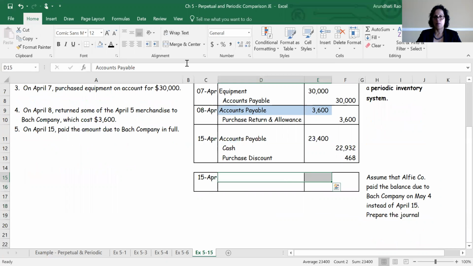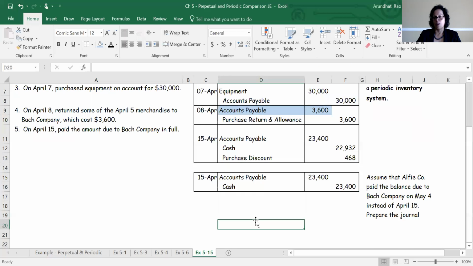So accounts payable debit 23,400, and the full amount was paid. So this is easy. Cash credit 23,400. This is similar to what you had done in the perpetual system. If the full amount is paid, we don't need to worry about the discount amount at all. Well, we do need to worry about it in that we lost out on the discount. But as far as the journal entry is concerned, we're not going to worry about it.